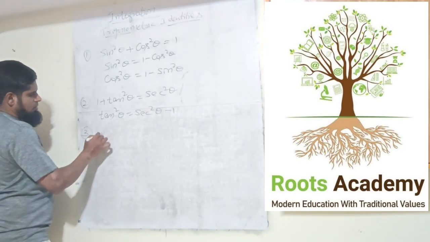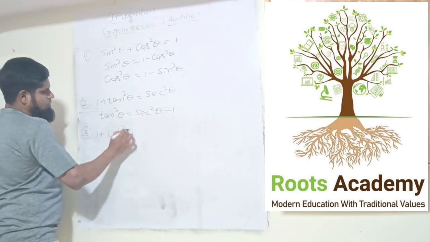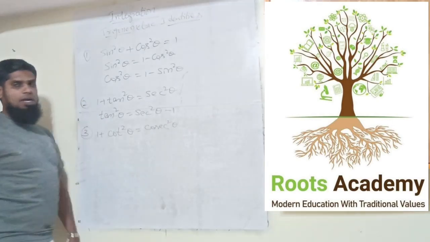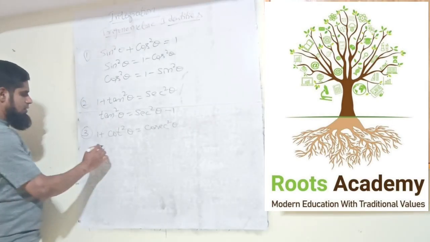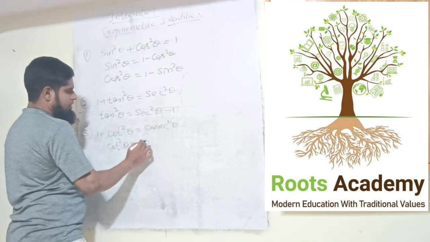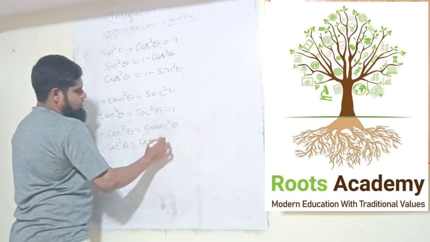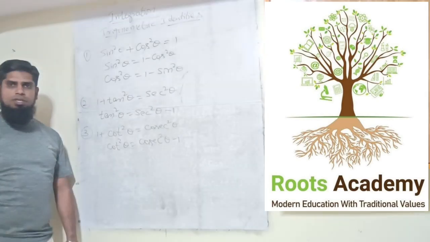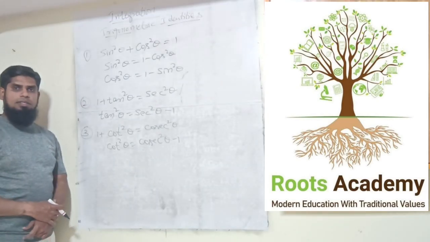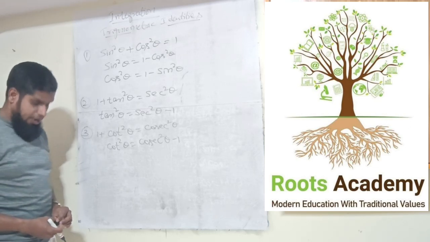Third is 1 plus cot squared theta is equal to cosecant squared theta. So cot squared theta is equal to cosecant squared theta minus 1. These three are called the trigonometric identities.